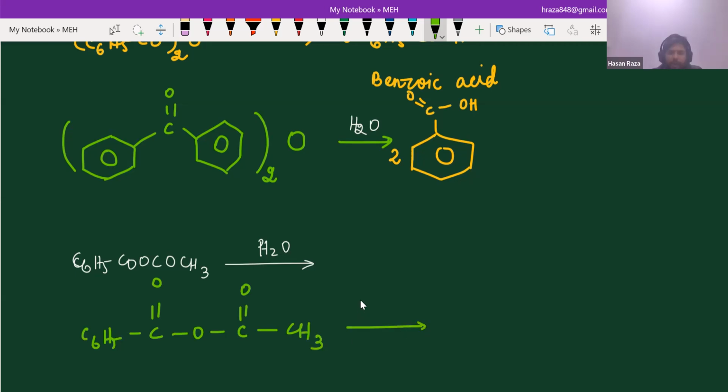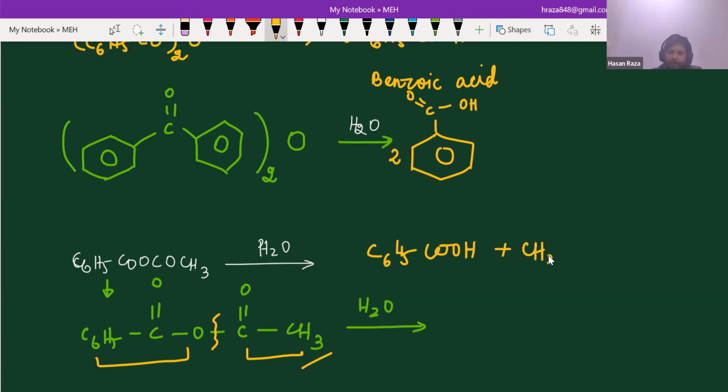If you do the hydrolysis, this will be broken, and this part will be carboxylic acid, as well as this part will also be converted into carboxylic acid. So you will get C6H5COOH, and then from this side CH3COOH. So this is how we prepare carboxylic acid from anhydride. That's very easy.